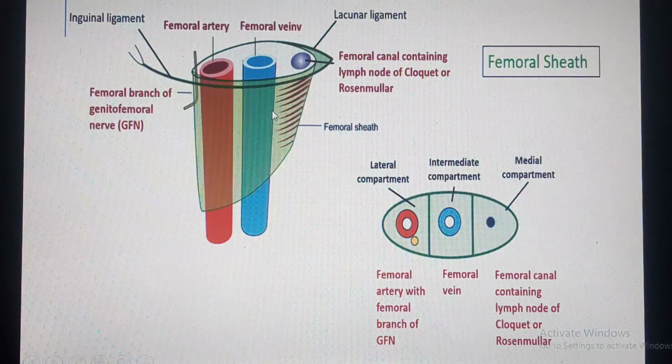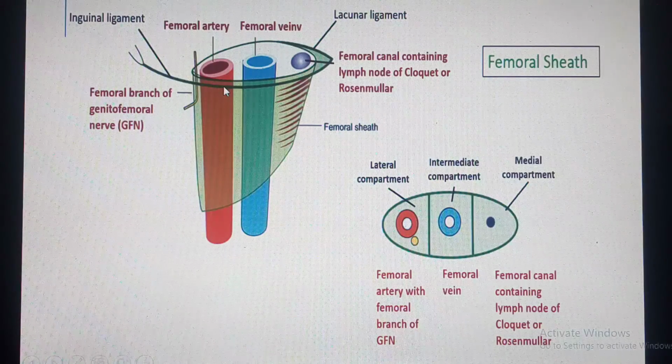Now, if you look at it closely, the femoral sheath is going to enclose roughly the upper 3 to 4 centimeters of the femoral artery together with the femoral vein, the superior portion of them.